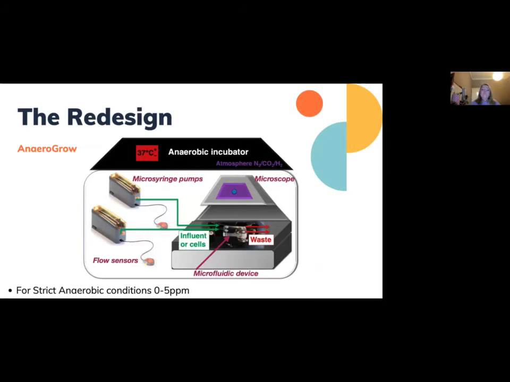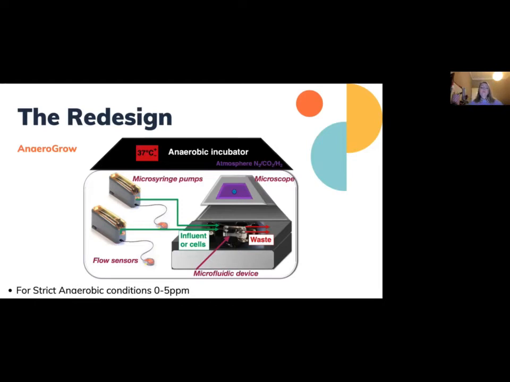But also we thought about the setup where we sparge the microfluidic device just out in the open on the microscope, and combined with our reducing agents, we needed to get more anaerobic conditions, basically.